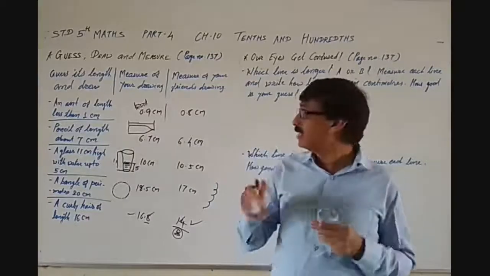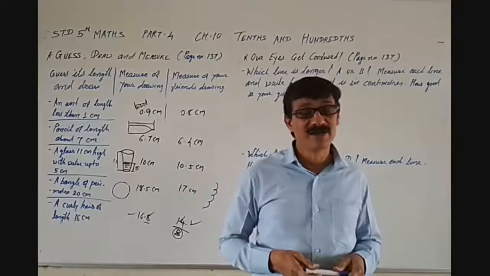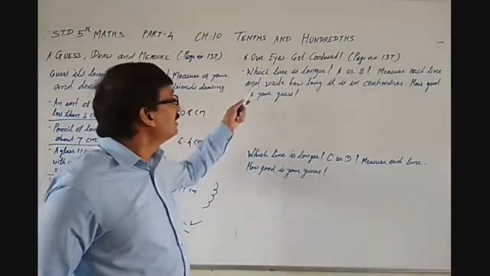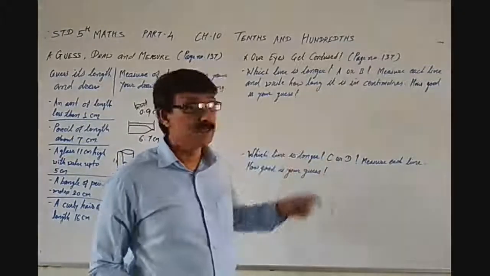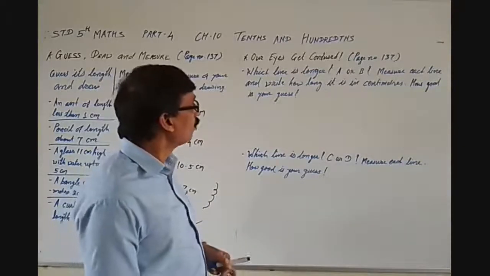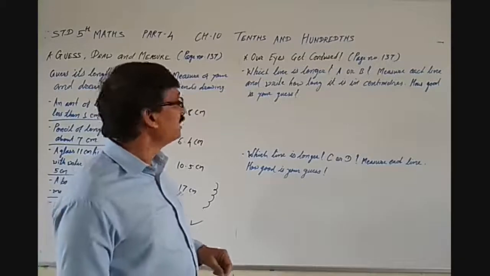Now let's go for the next one, which is also on page number 137. Now here, which line is longer, A or B? Measure each line and write how long it is in centimeter. How good is your guess?